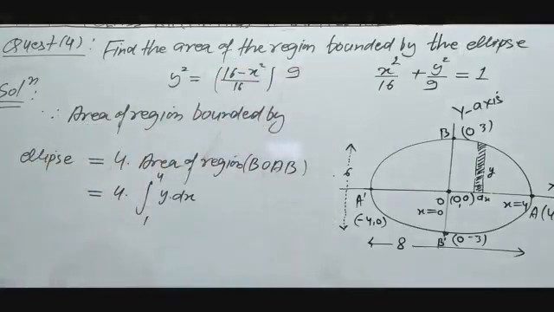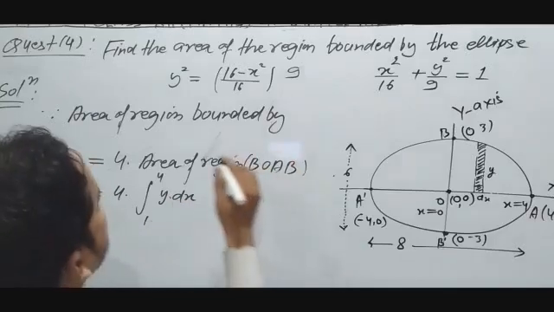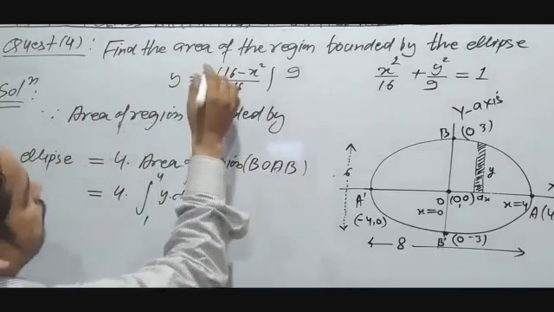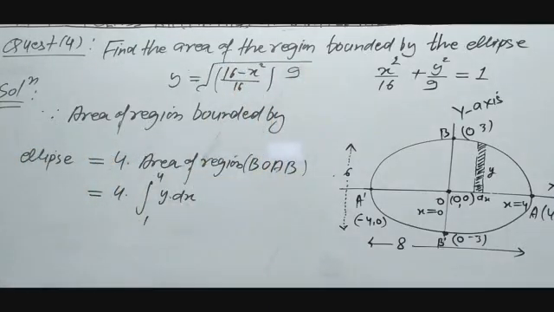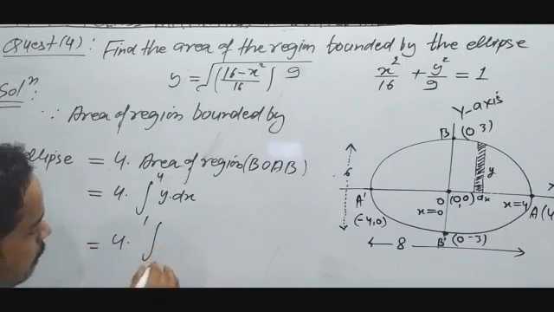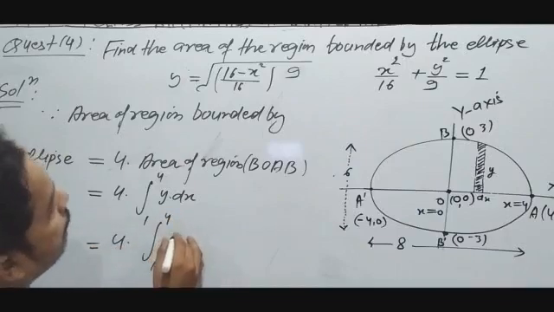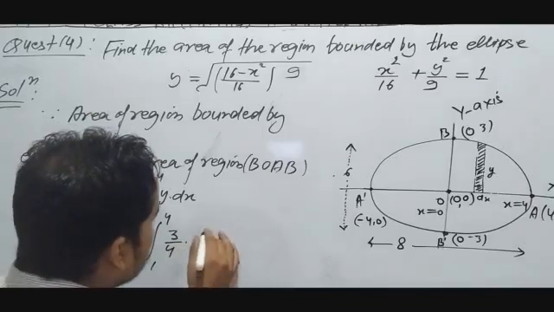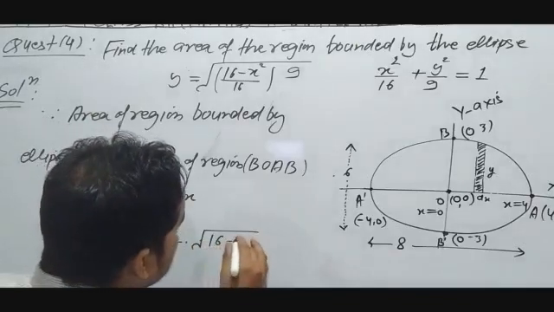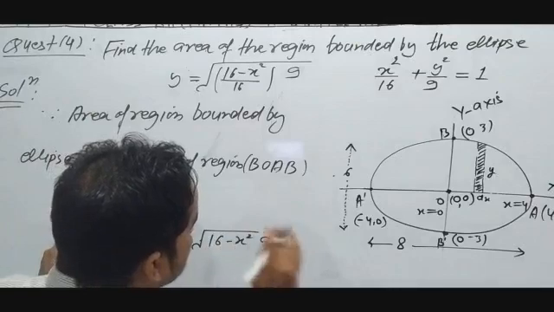Y square by 9, cross multiply, result will be this. So y we can write under roots, and 9 and 16 will come outside. So its result will be 4 times the integration from 0 to 4, and the result is 3 by 4 outside the integral, in square root, 16 minus x square dx.